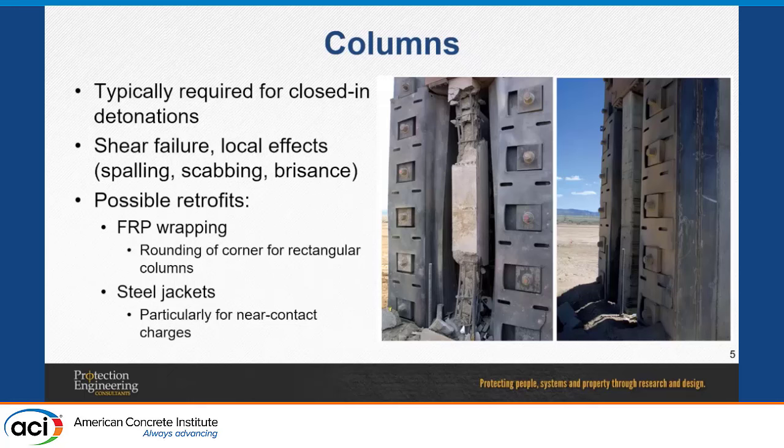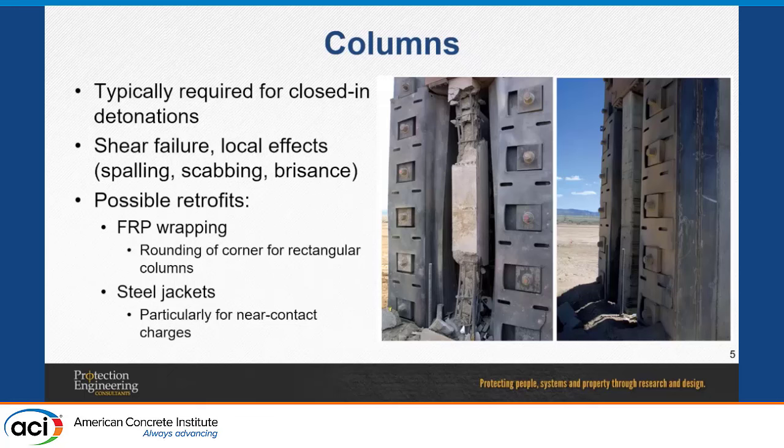So FRP wrapping is one example. This figure is taken directly from the ACI 370 report. This is a test done by KNC. On the left there's the original column without retrofits, and on the right side is a column with FRP wrapping.